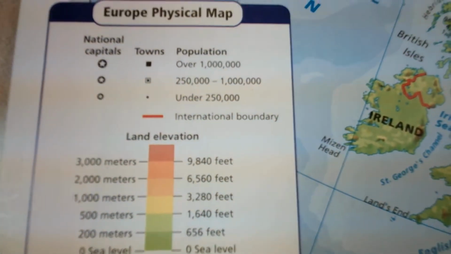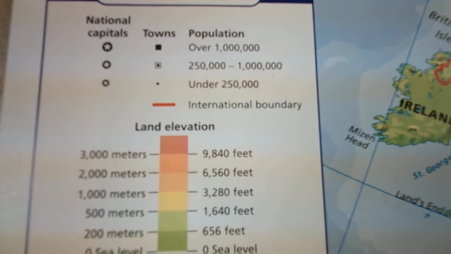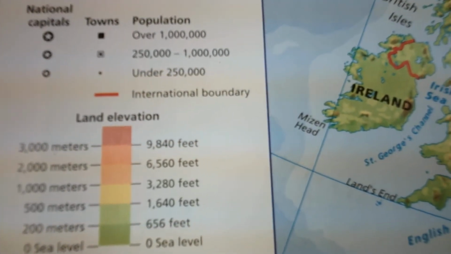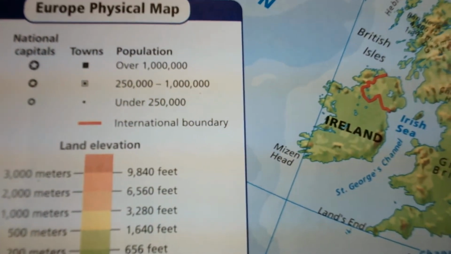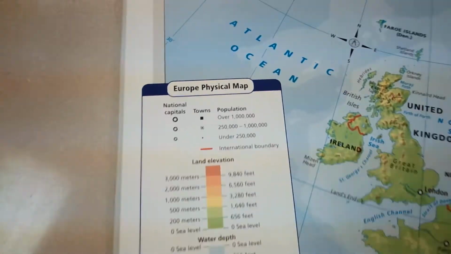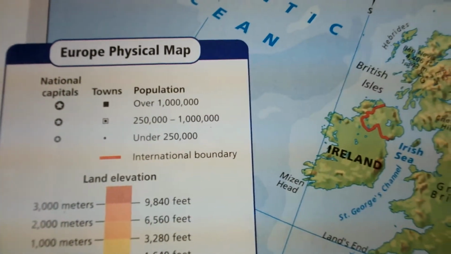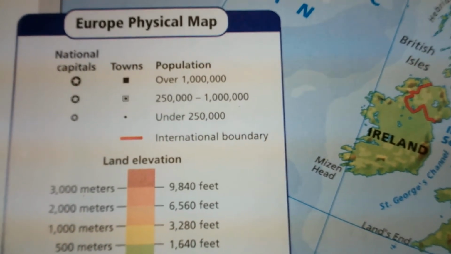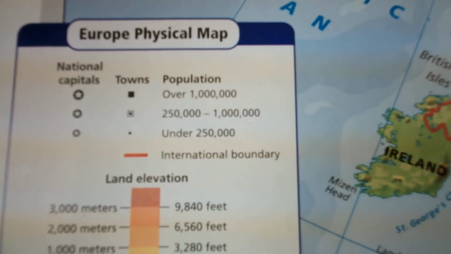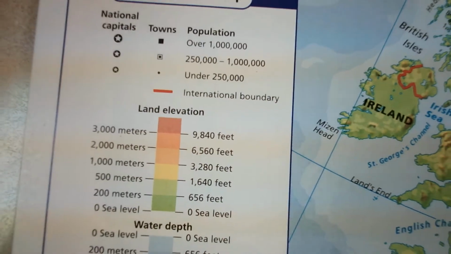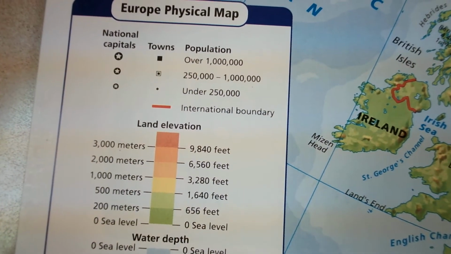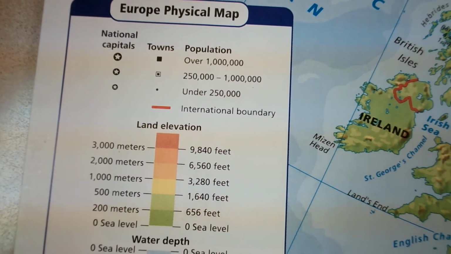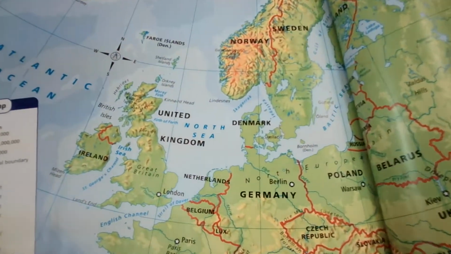And then as we go to the yellow, you're going up higher, so let's say 1,640 feet to 3,280 feet. By the way, keep in mind, 5,280 feet is 1 mile. We're going to look at the feet side because we use the English system. As it gets more brown, you're going up higher and higher. Now that we know that, let's take a look.